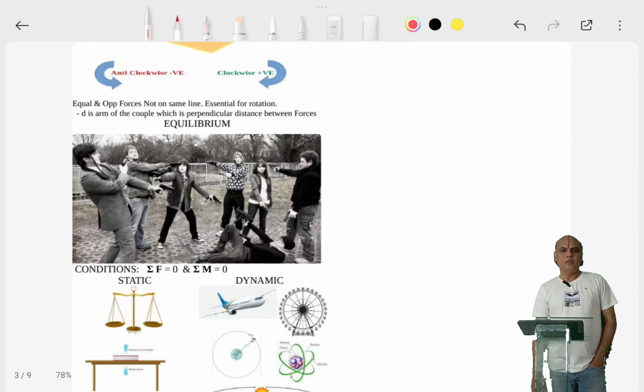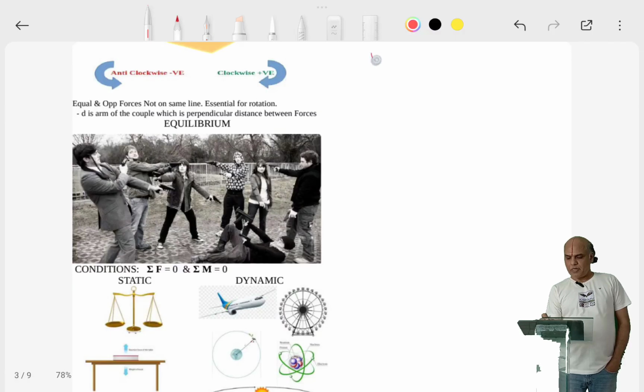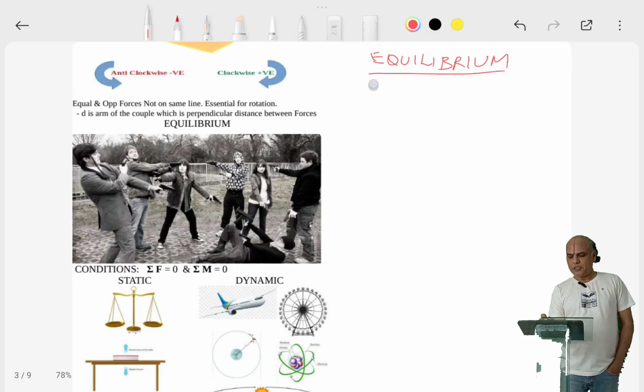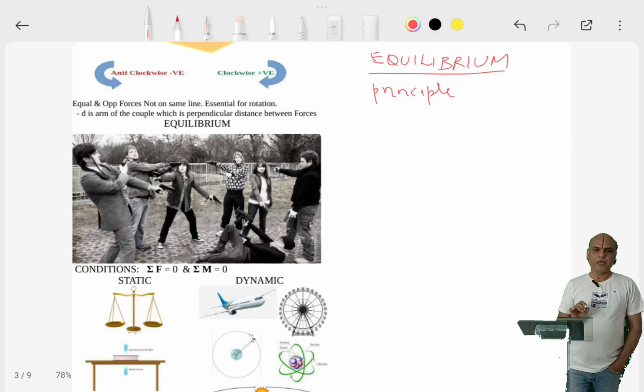Now, from the state of equilibrium, there arises a principle. Okay.